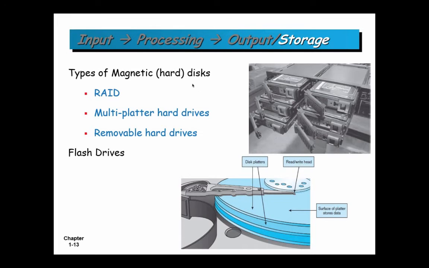So when you write some output to a drive, if you wrote it to one drive and that drive were to fail, you've lost that data. But if you wrote it to 3 drives and one drive fails, you have other copies of it in real time. So when you have RAID, generally you have an odd number, call it 3.